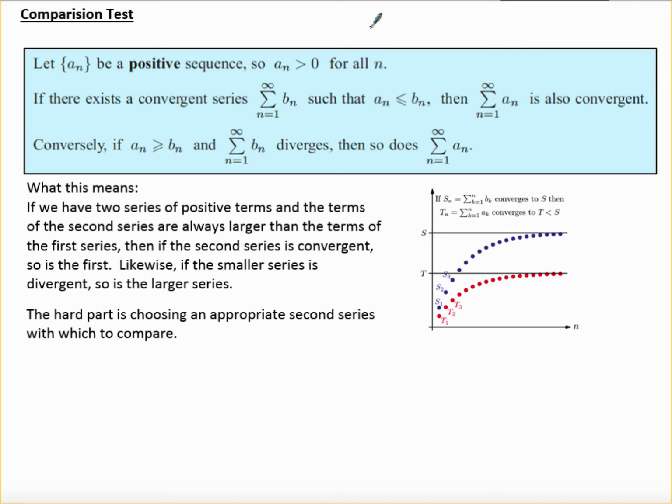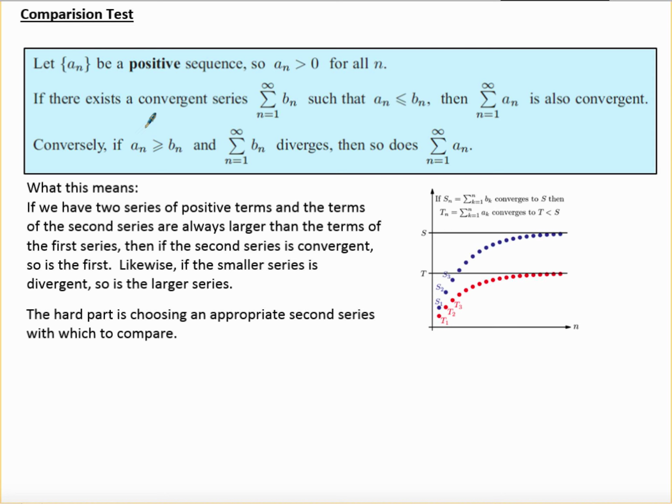Now we actually already talked about this previously, and I'll try and put a link in the video so that you can go back and check that video out. So we did this for improper integrals as well. So what we knew was if we had a positive sequence, we'll call it a sub n, and another sequence, b sub n, that was always larger, then if b sub n converges, then a sub n, the smaller one, would also converge.